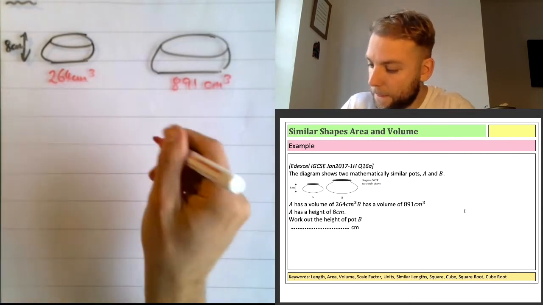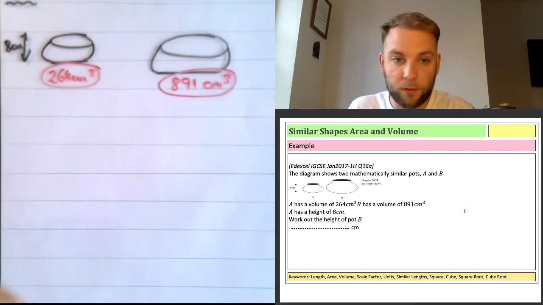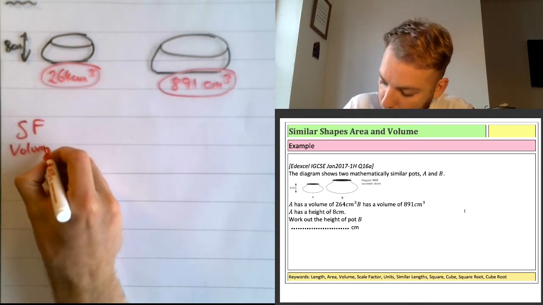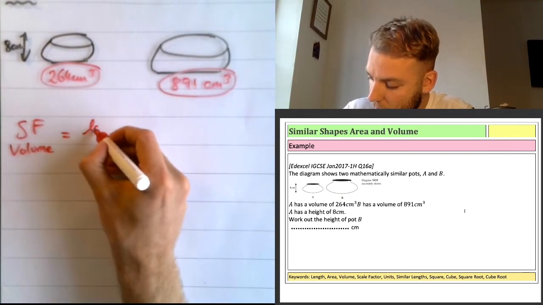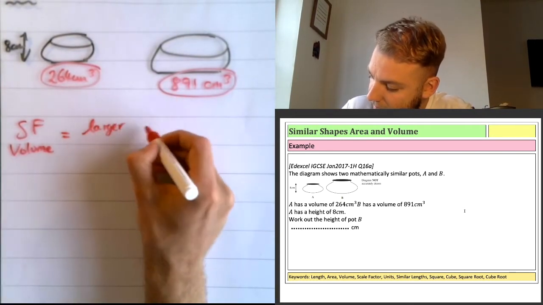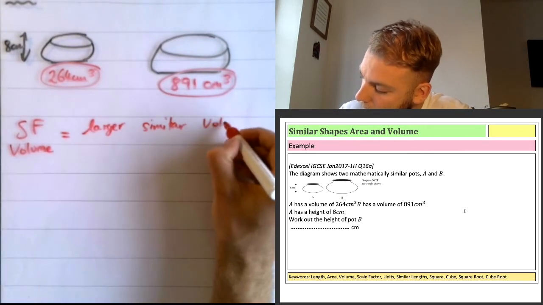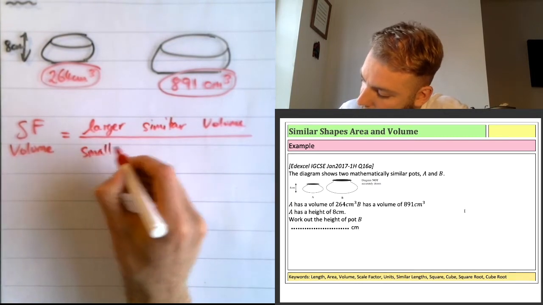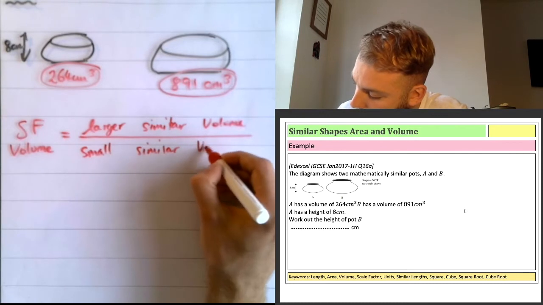So here, because I've got 2 volumes, my similar volumes, my scale factor for the volume is equal to my larger similar volume divided by my smaller similar volume.